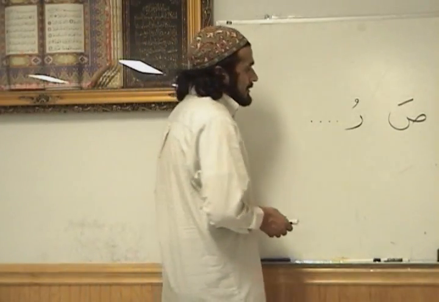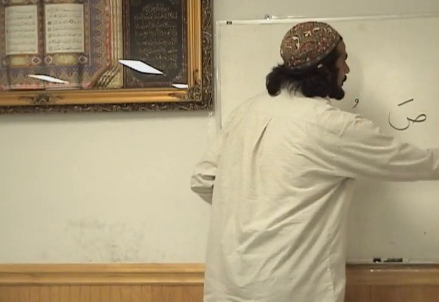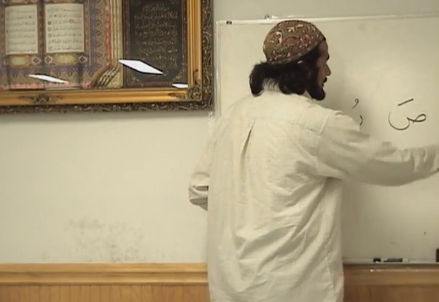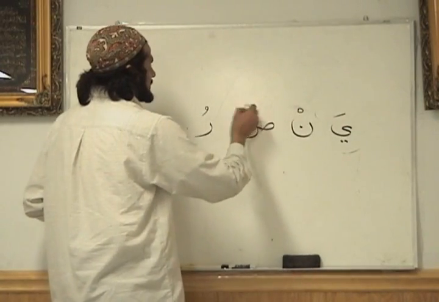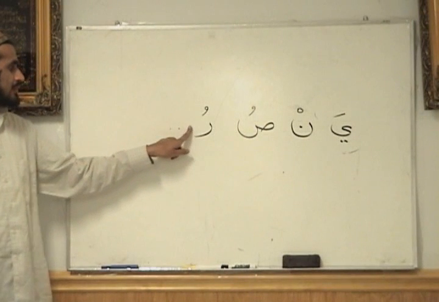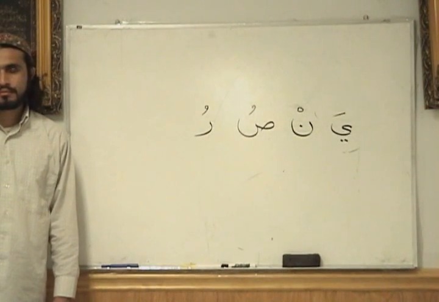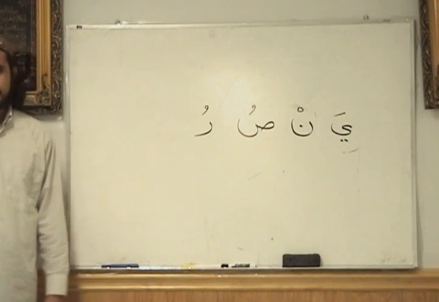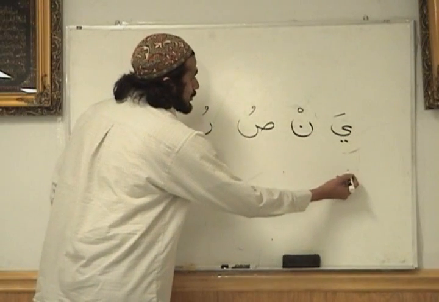So originally, before we changed it, this was yansuru, right? What would yansuru mean? Mudari'. He helps, or he will help. So to change it to majhul, what do you need to do?